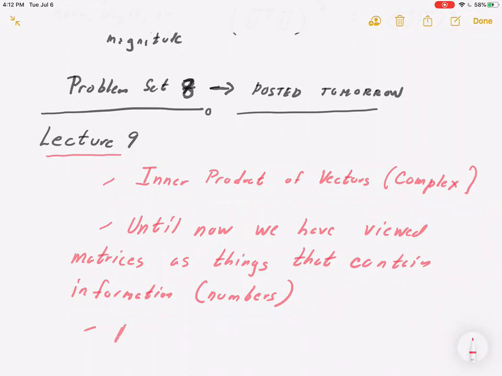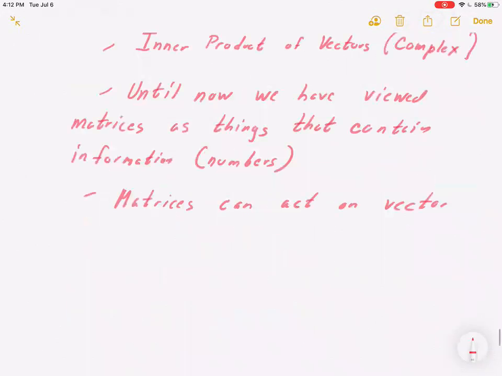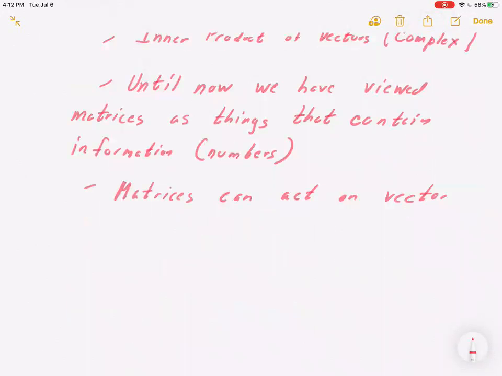We shall see that matrices can act on vectors. So they're not just passive vehicles to contain information. They are active creatures that can act on vectors, and they can change these vectors in some ways.